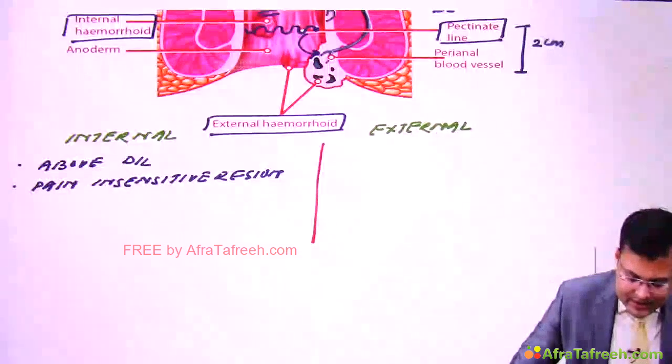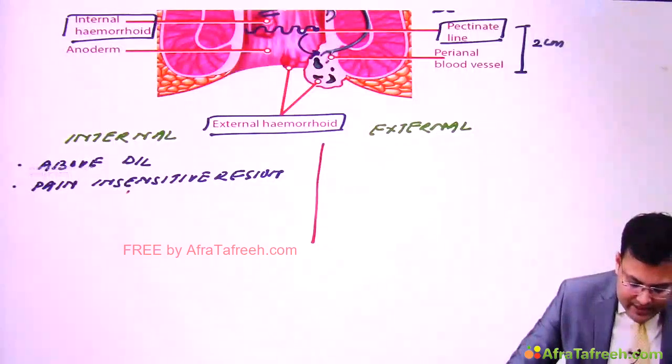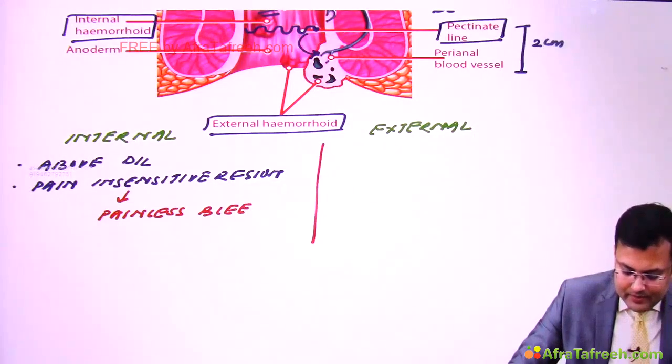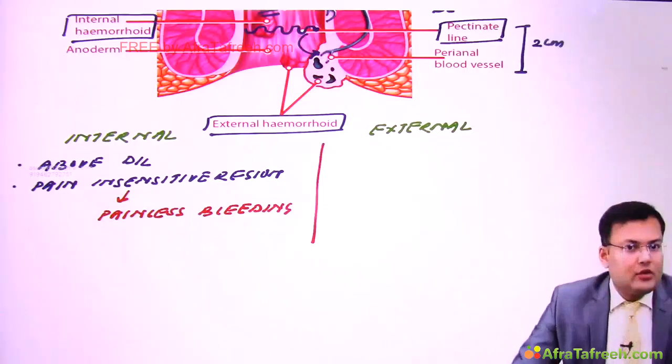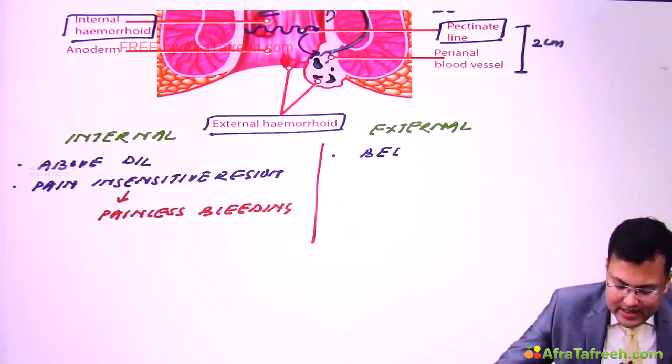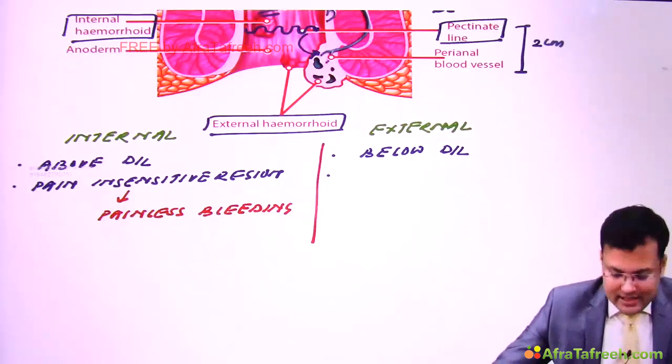And that's why there is painless bleeding. Simple. So external hemorrhoid, you noticed, is located below dentate line, in the pain sensitive region.